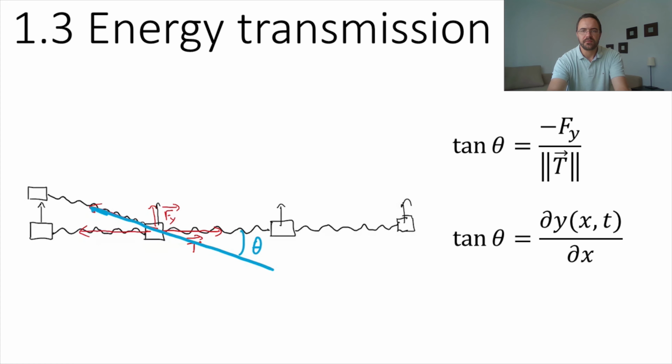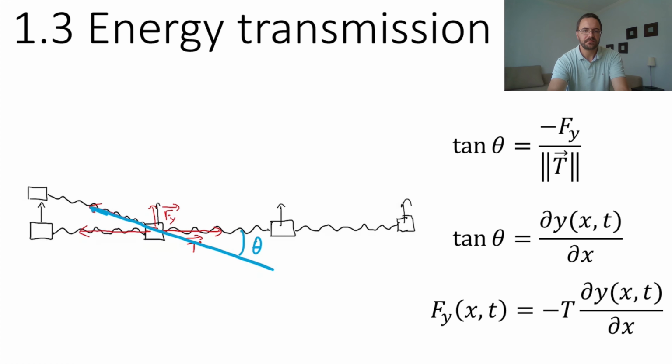Because it's a function of x and t, we use partial derivatives, so partial y versus partial x. And combining the two relations, we see that the vertical force Fy will be equal to minus T times dy/dx. And this is what we wanted to show.